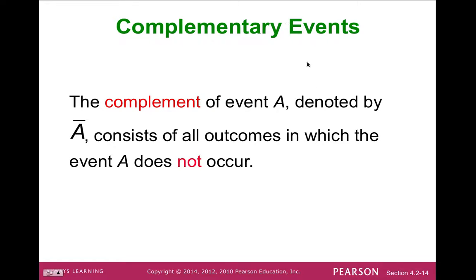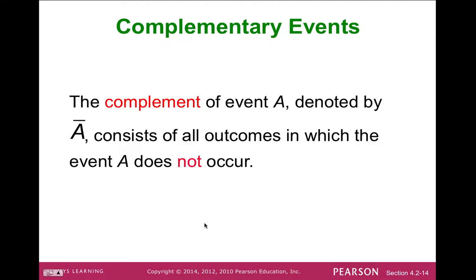Okay, a couple other things that we need to touch on before we continue on with our discussion of probability. The next is complementary events. The complement of any event A is denoted by A with a bar over it, and that consists of all outcomes in which the event A does not occur.